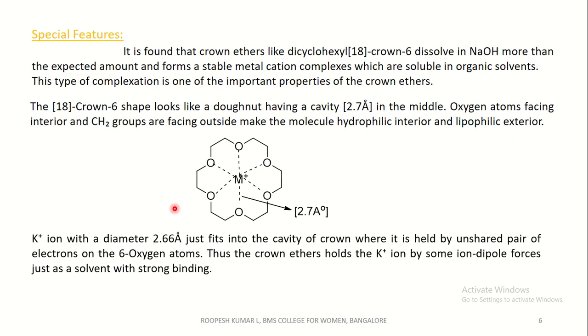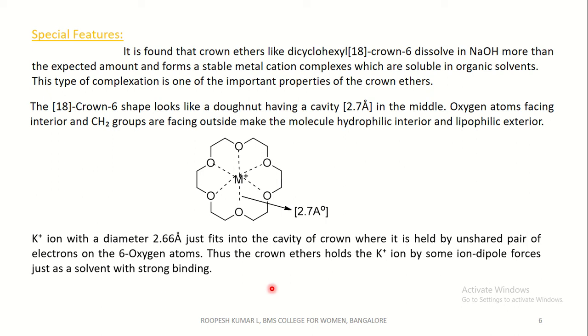Potassium ion, with a diameter of 2.66 Angstrom, just fits into this cavity, the cavity of the crown, where it is held by the unshared pairs of electrons on the 6 oxygen atoms. You can see there are 6 oxygen atoms, each with an unshared pair of electrons, which bind with the potassium ion if the metal cation is K plus.